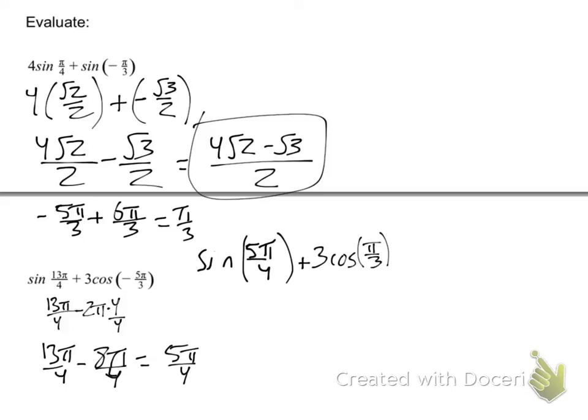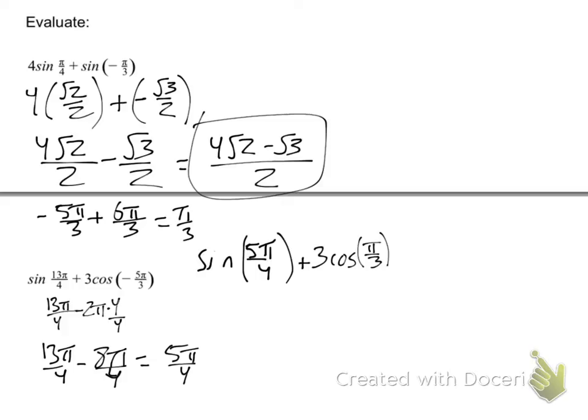What's pi over 3? Or what's pi over 4 again? 45. If I have 5 45s, what's 5 times 45? 225. Go to 225.